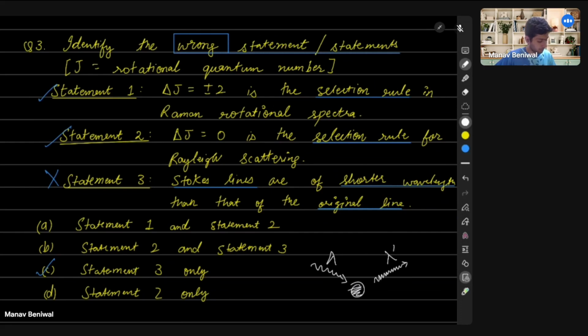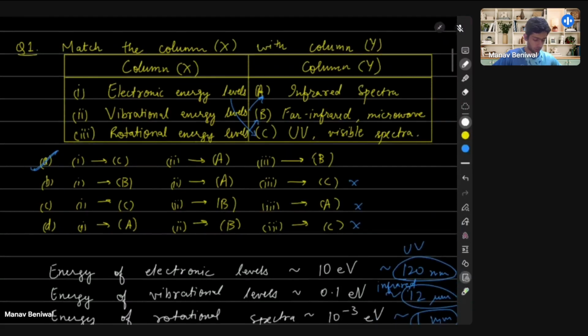So this lambda prime is less than lambda. This is what statement 3 is saying. Now we know that we get Stokes line when the molecule absorbs energy. Let's go back to our notes.